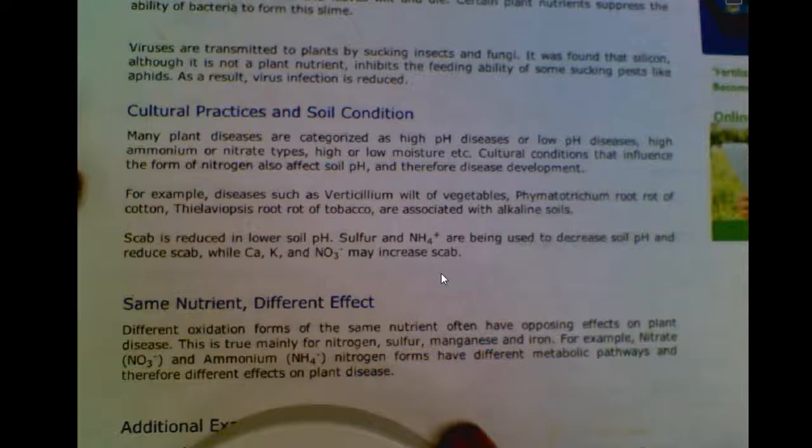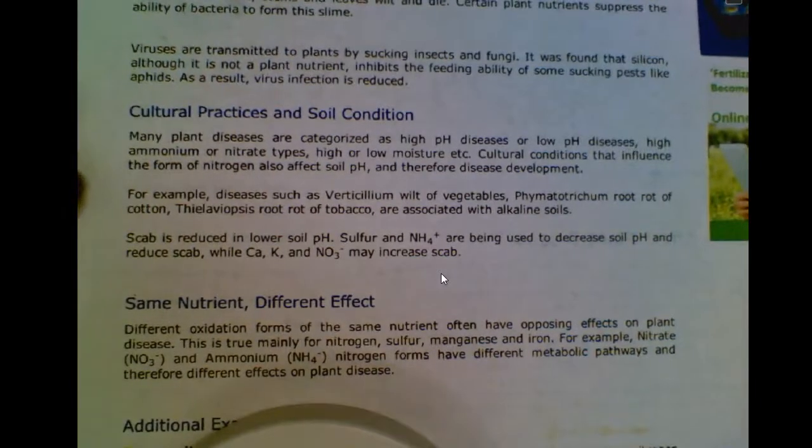Okay, so let's look at some cultural practices. We have some diseases that are categorized as high pH or low pH diseases, high ammonium or nitrate types, high or low moisture. Cultural conditions that influence the form of nitrogen also affect soil pH and therefore disease development.